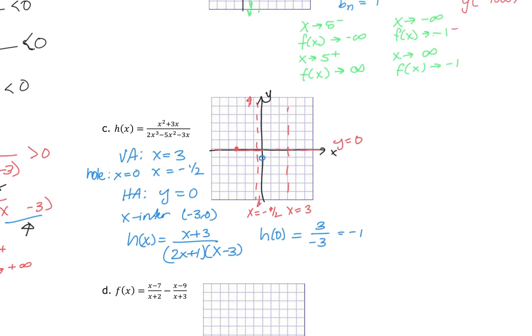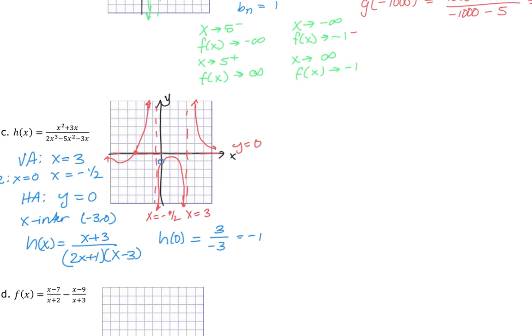And as x approaches 3 from the right, I'm going up. So the sketch of my graph is going to look like this. Go to that hole, come around and come back down. So I did cross a horizontal asymptote there.